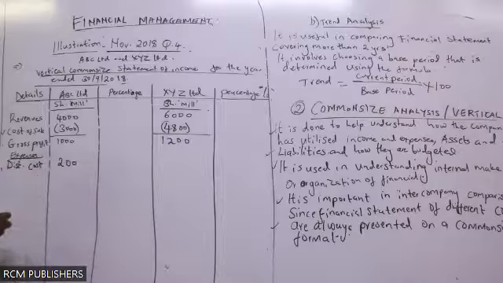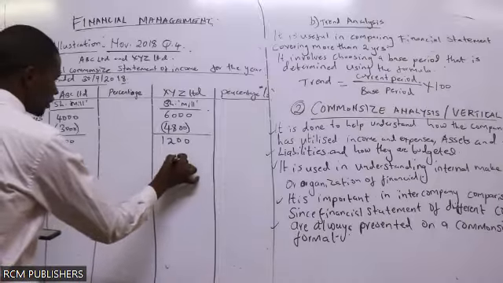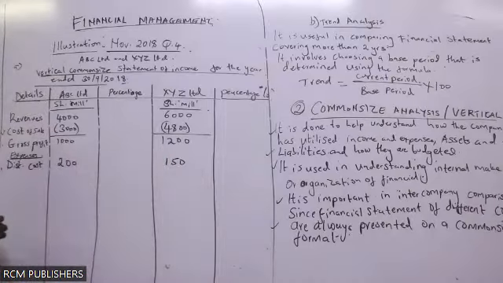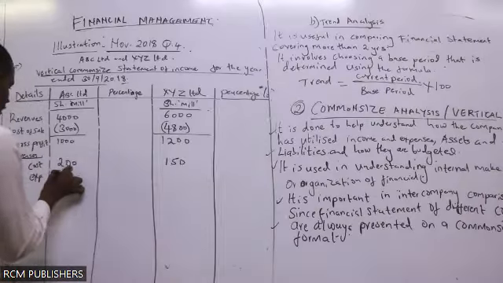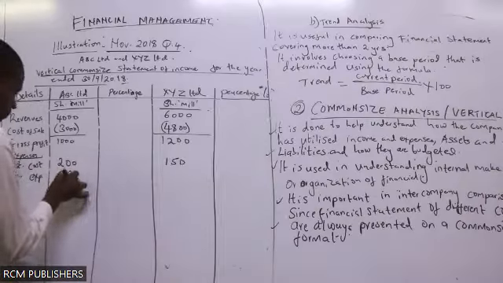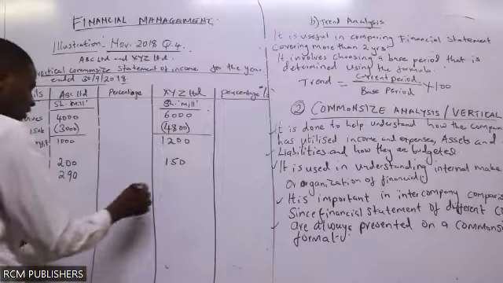This company has 200, and this one has 150. Admin expense or cost. Admin is 290 for company ABC and 250.